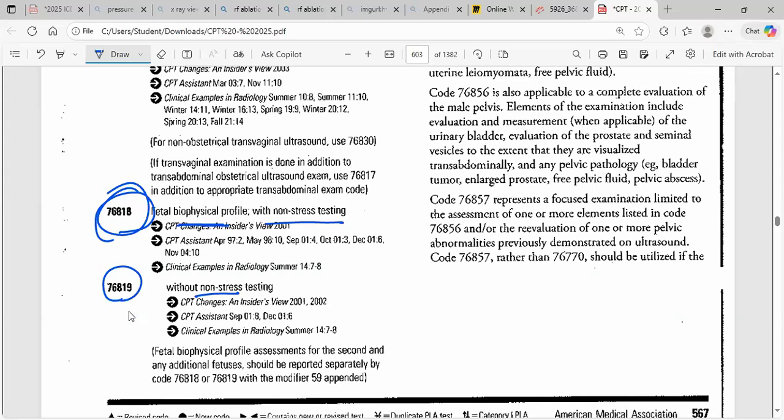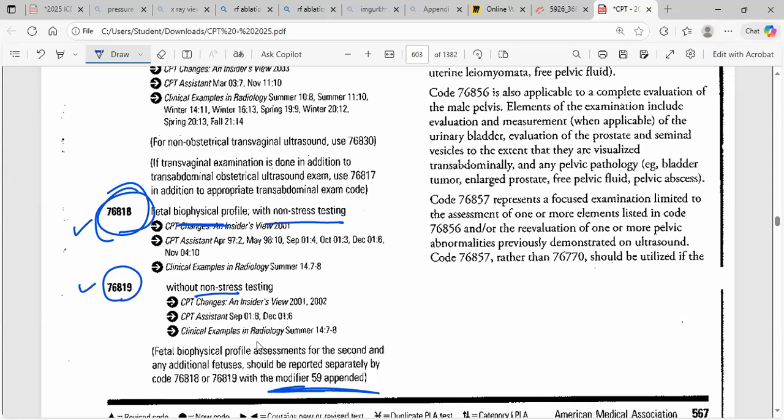And also this code is not based on the trimester. So we are going to bill 76818 and 76819 with the modifier 59 to represent that the patient has additional fetuses. We need to do the FBPP again for the additional fetus at the same time, so we are going to use the modifier 59.